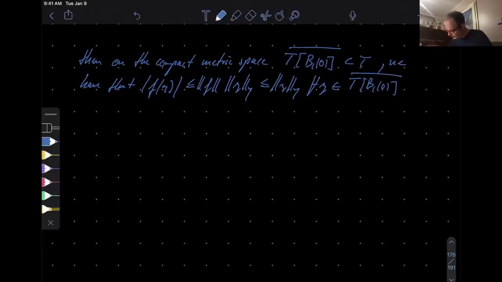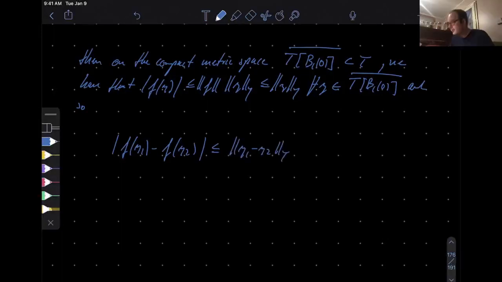Okay, we have that this, and so the following important thing holds true: |f(y1) minus f(y2)| is at most equal to, these are linear, so you just bring them under one f, so f(y1 minus y2), and then you apply that thing that we just had up there, so it is at most the norm of y1 minus y2.